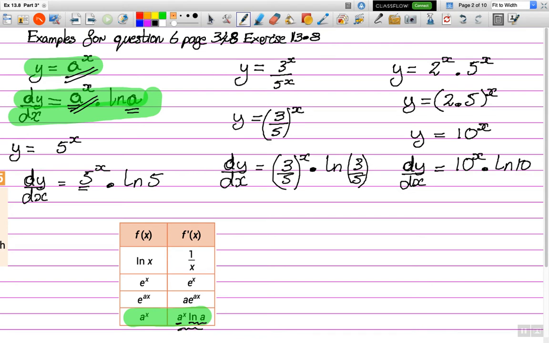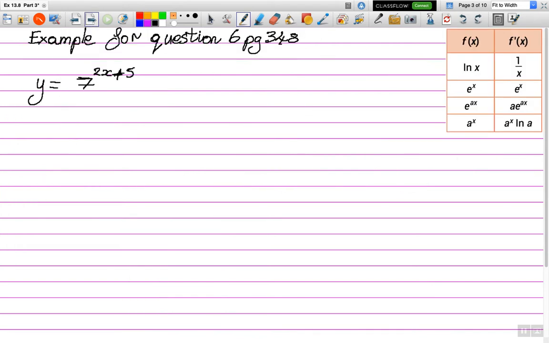On page 348. Going to the next page, this is just a little bit more complicated. The problem is that we have a power which isn't an x. We have a power which is not an x. So in this situation, it's a lot more complicated and you need to take great care.